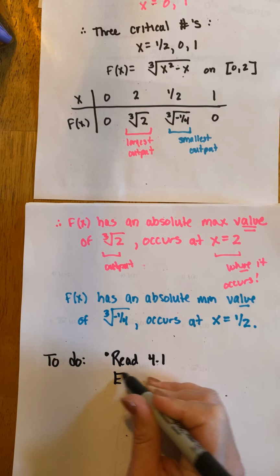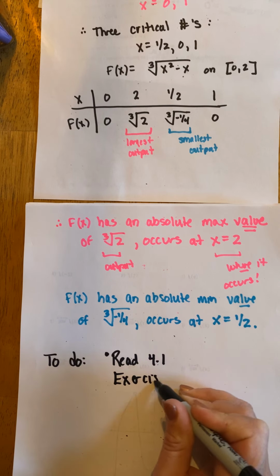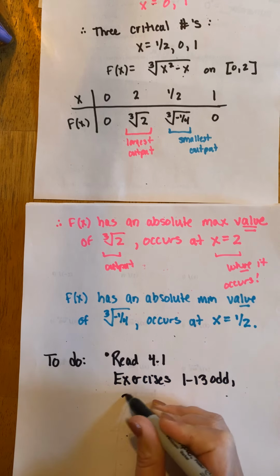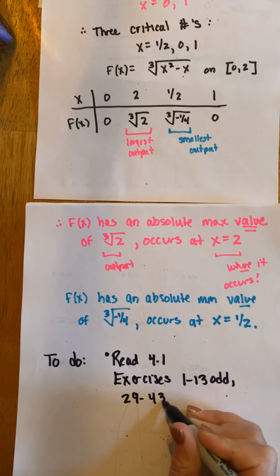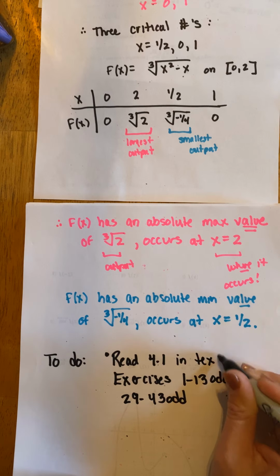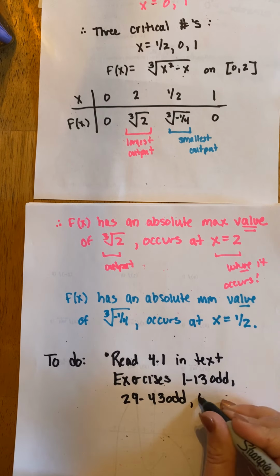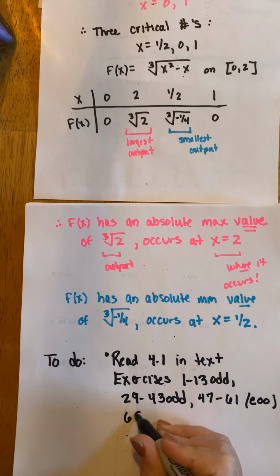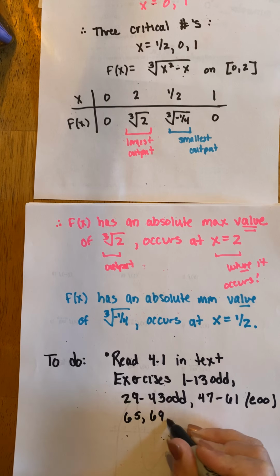The exercises that are great practice are 1 to 13 odd, 29 to 43 odd. So this is in your text. 47 to 61, perhaps do every other odd. Lots of problems here. 65, 69, and 73.